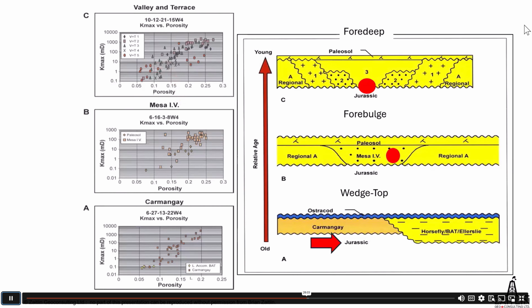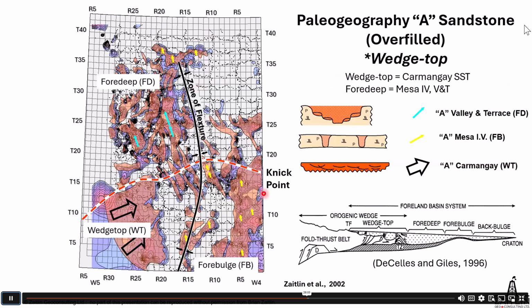So if we took a look at what was happening in terms of the distribution, this is where we ended up having our Carmigay, the wedge top types of deposits, the sheet-like deposits that were formed south of the Vulcan Low, okay, that compartmentalization associated with the basement.